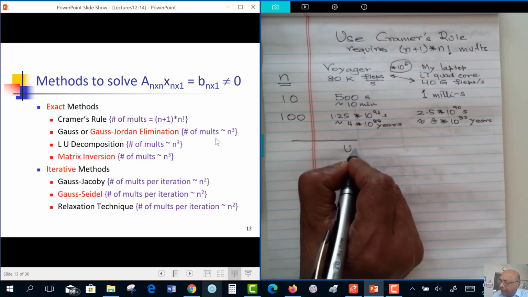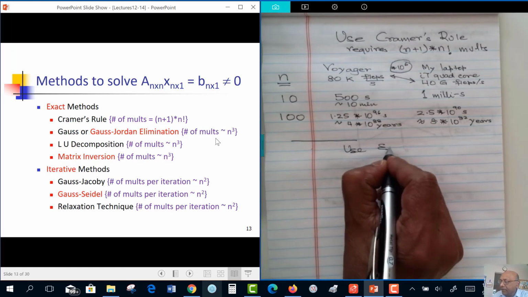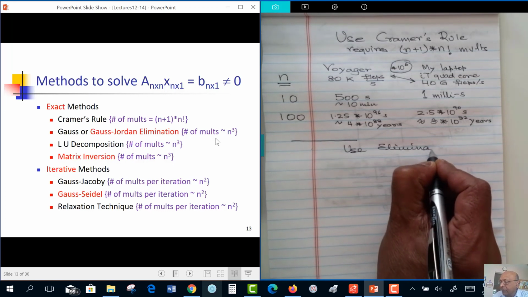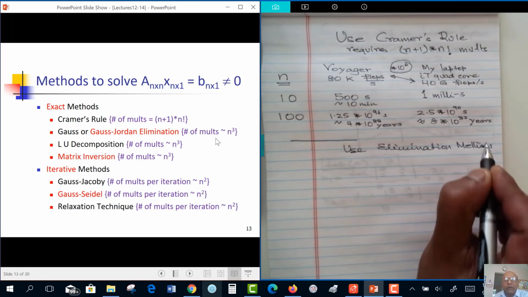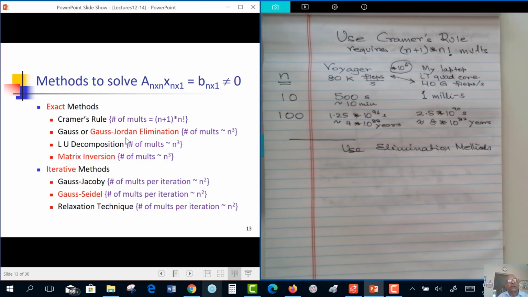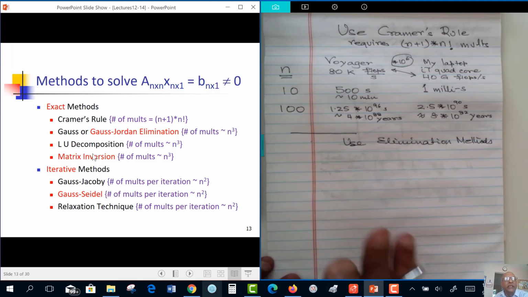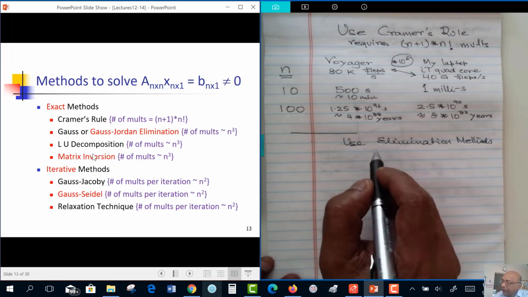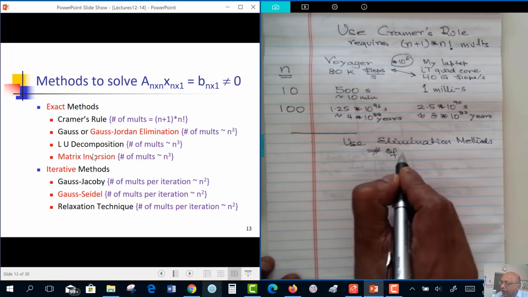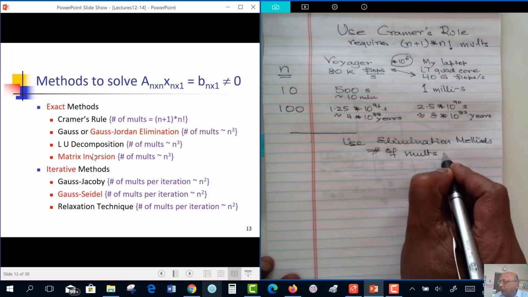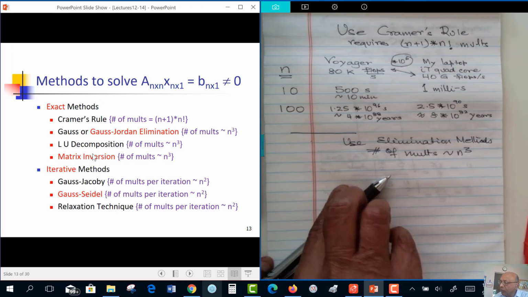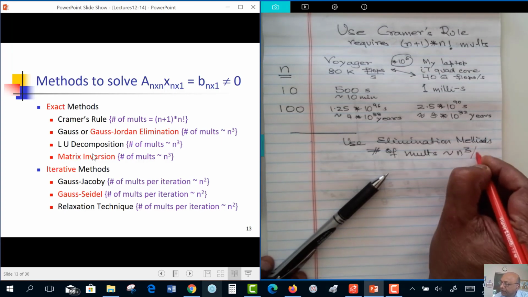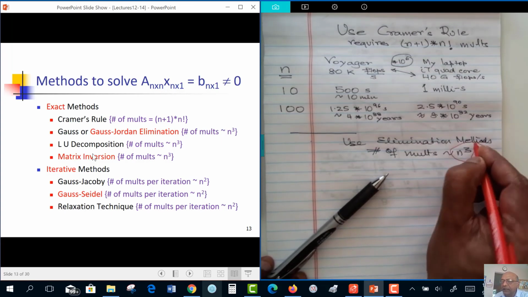So if we use direct methods like elimination methods, so these all methods, Gauss, LU decomposition, matrix inversion, they are all elimination type of methods. Number of multiplications required is only about n cube. So when I use n cube over 3, for instance, again, this number is immaterial.